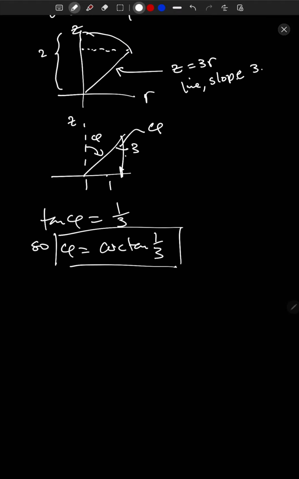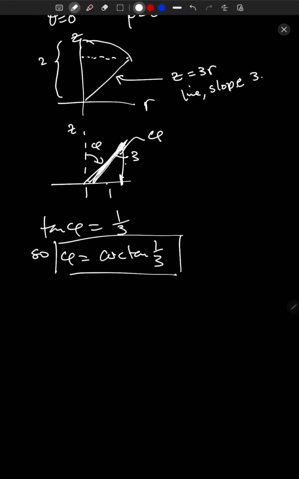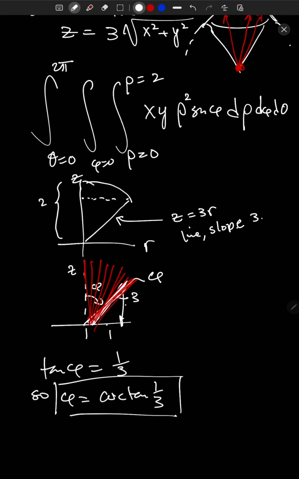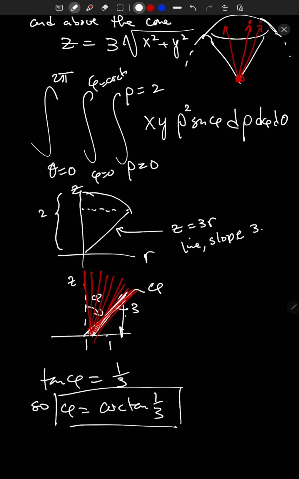All right. So that describes the boundary of the cone, right? And what we want to do is integrate the entire region inside. So we want to integrate from here to here to here, all the way to the edge. So that would be from phi equals 0 to phi equals arctangent 1/3. And again, it looks kind of terrible, but arctangent 1/3 is just a number, right? So these 3 integrals here, the limits of integration are just constants.